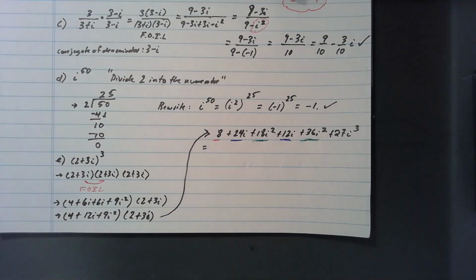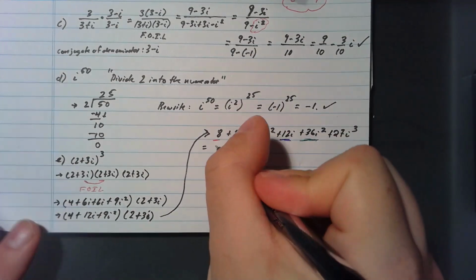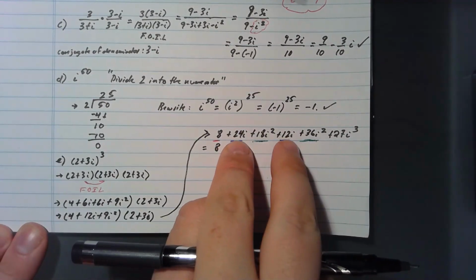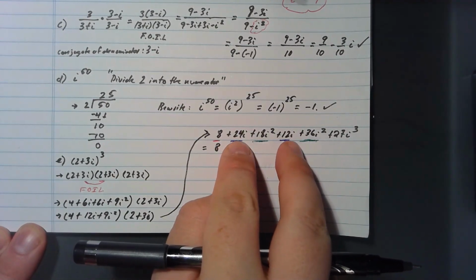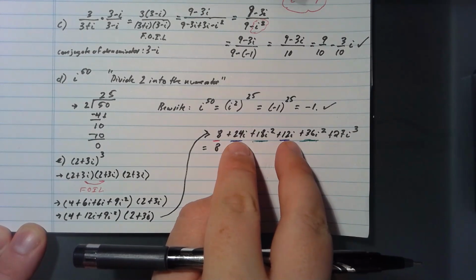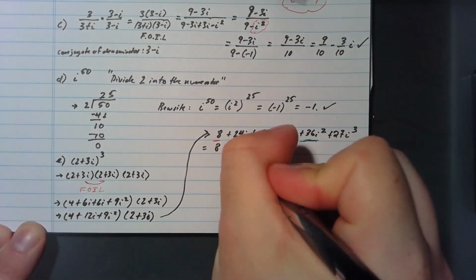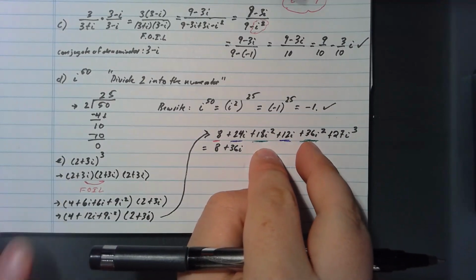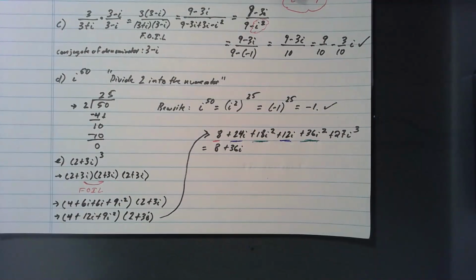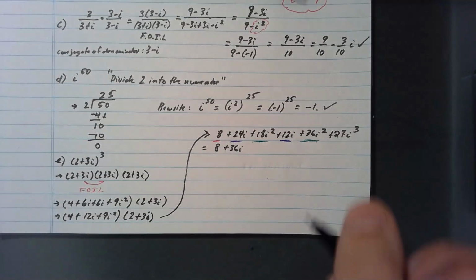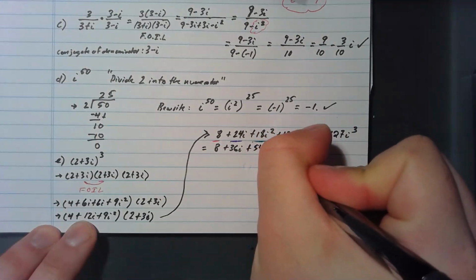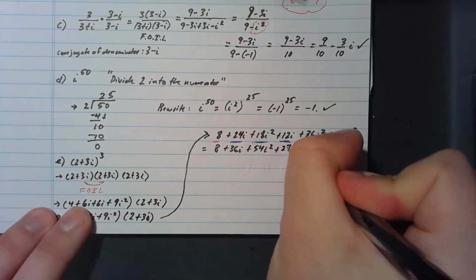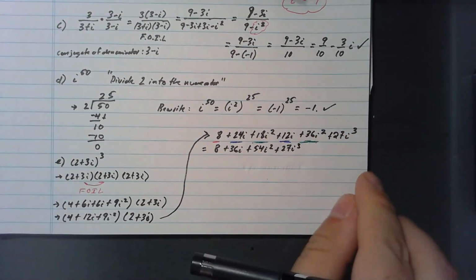So let's combine them. I only have one number, which is 8. 24i and 12i is 36i. 18i squared and 36i squared is what? 18 plus 36 is 54i squared. And then I have plus 27i cubed.